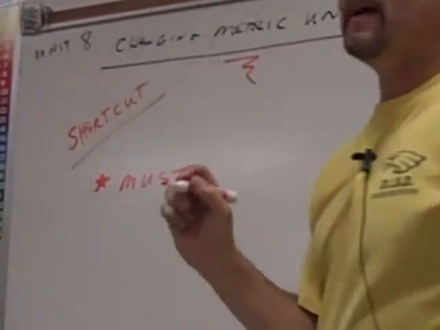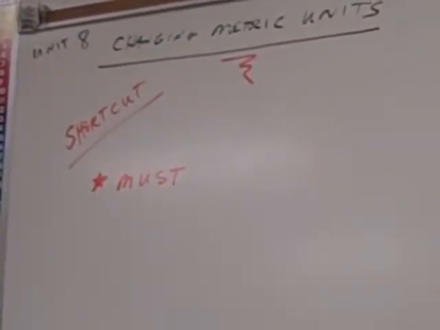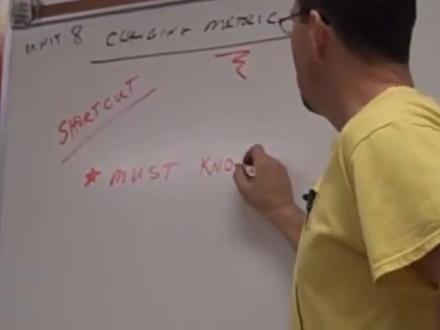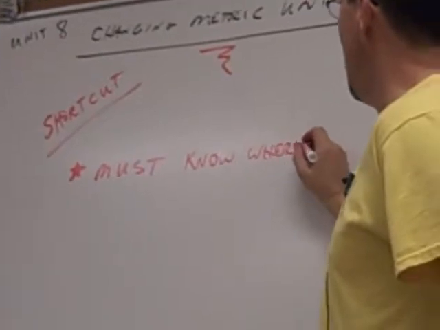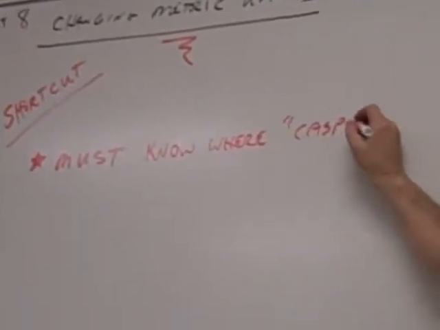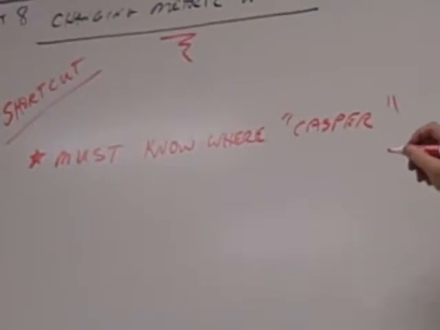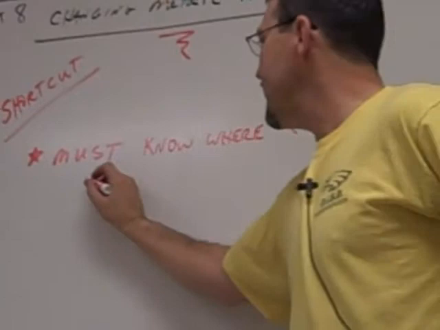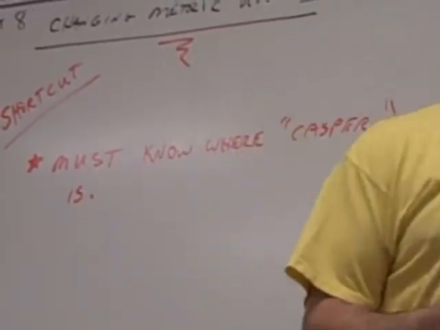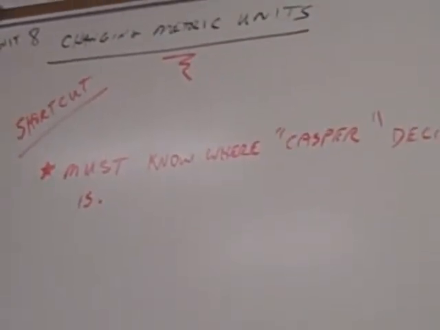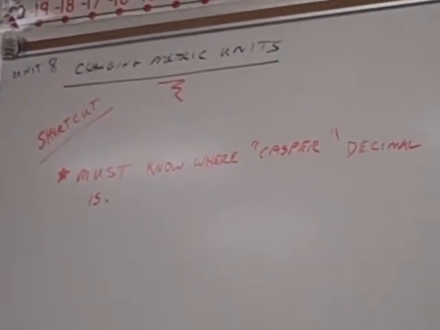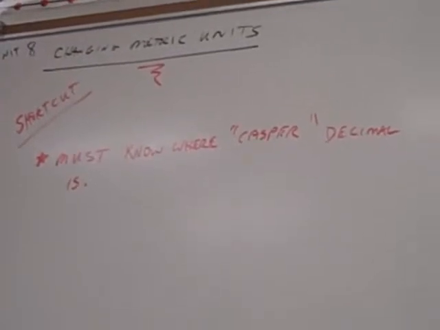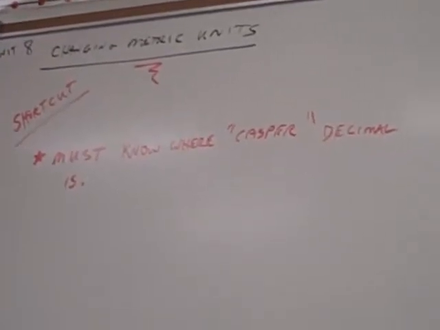First thing that's key, or you're lost: you must know where Casper the decimal is. What if it already has the decimal? Then you already see it. I'm just saying, if there's not one, you better know where Casper is. You better know where the decimal is. And if it's Casperized, you better find it.